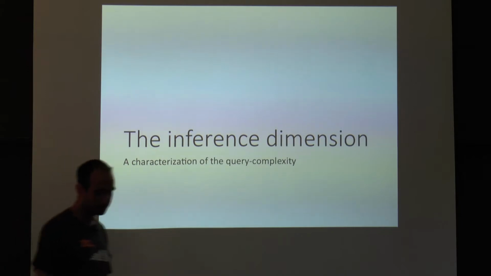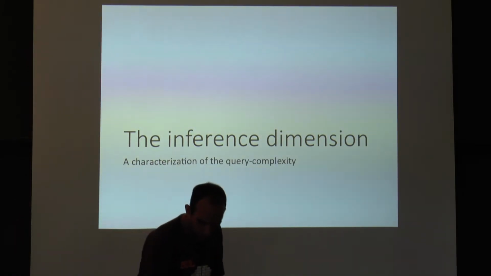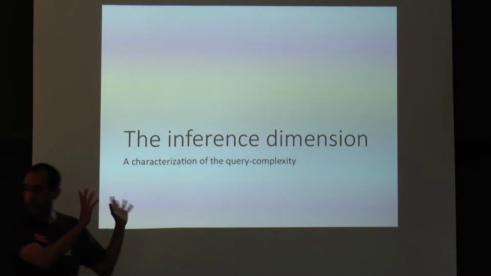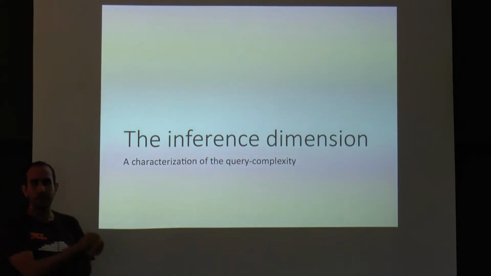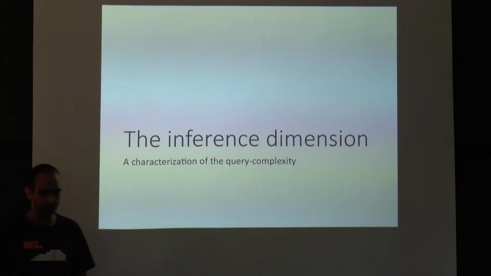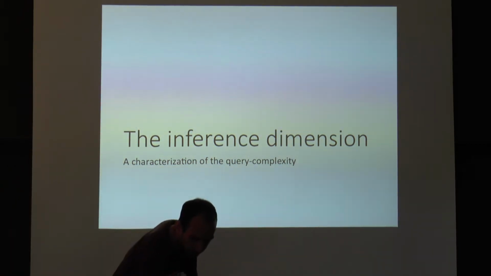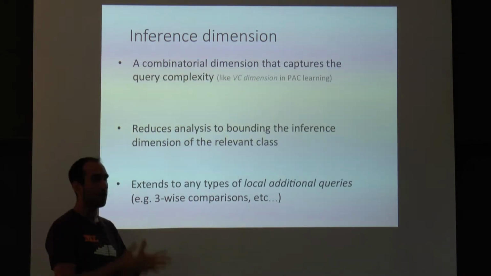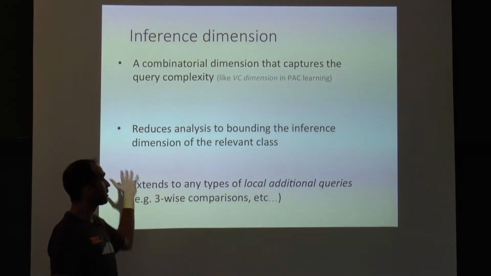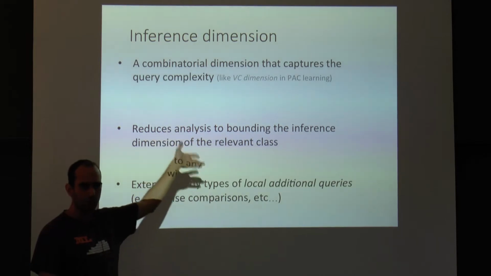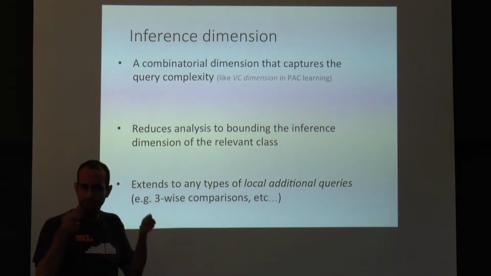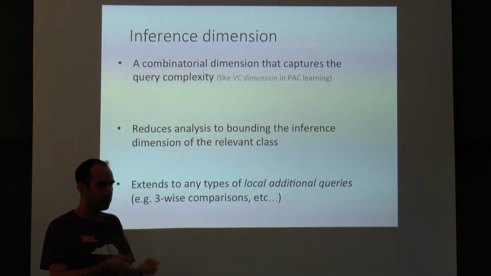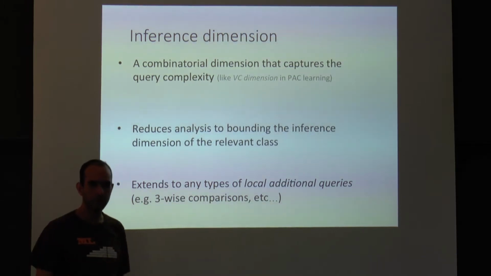Okay, so I want now to define a very simple combinatorial dimension that enables all of this analysis. Again, it's a combinatorial dimension that captures query complexity. It reduces all these statements about query complexity to very concrete mathematical statements that are on the table.